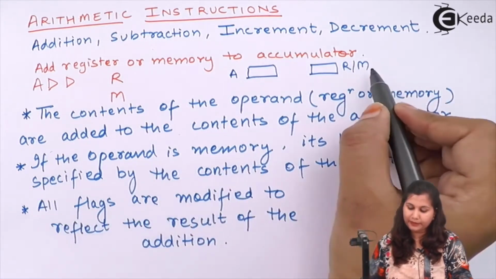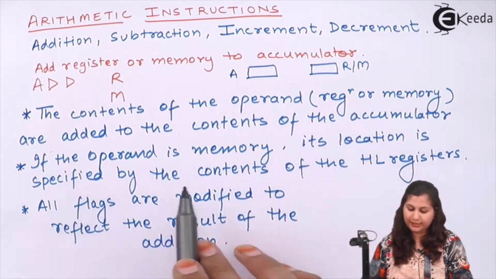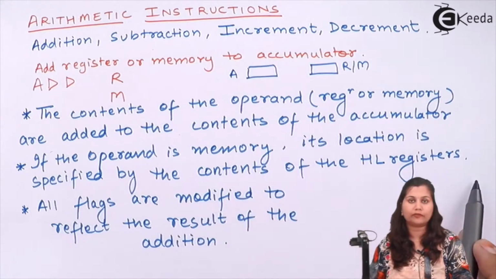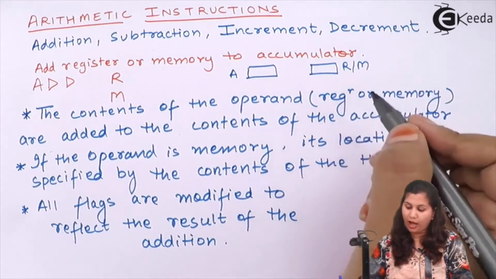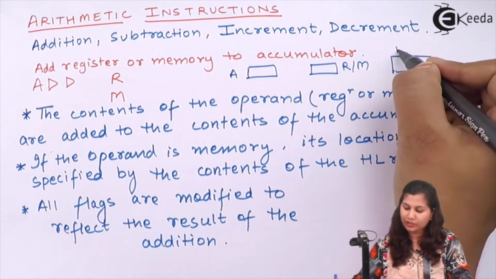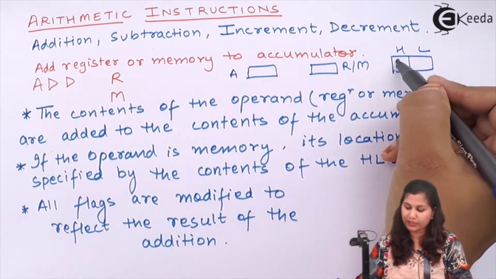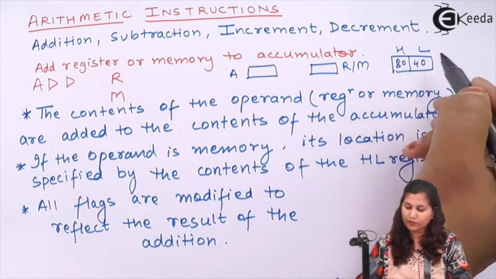Now if the operand is memory, then the location of that memory is specified by the contents of the HL registers. How are we getting the location of the memory? The HL register pair will indicate the location of the memory. Suppose we have here 8040.